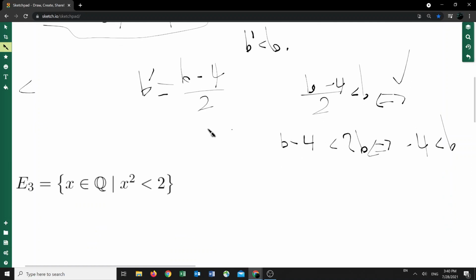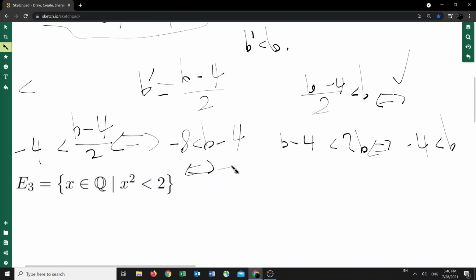So therefore this is true. And finally, let's show that (b minus 4) over 2 is greater than minus 4. That's true if and only if -8 is less than b minus 4, if and only if minus 4 is less than b, which is true.